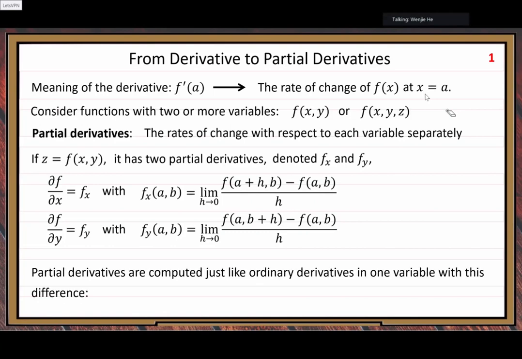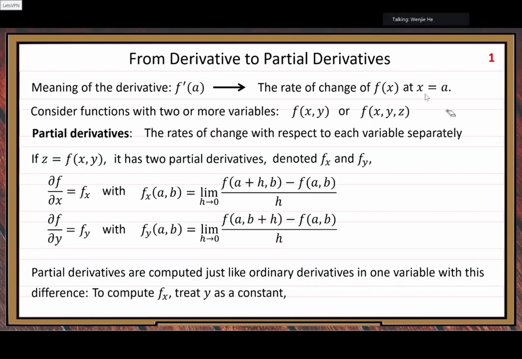Partial derivatives are computed just like ordinary derivatives in one variable, with this difference. To compute f sub x, we treat y as a constant. You do not treat y as a variable.